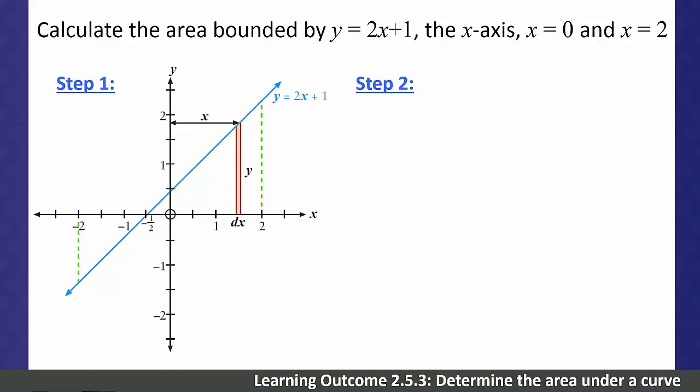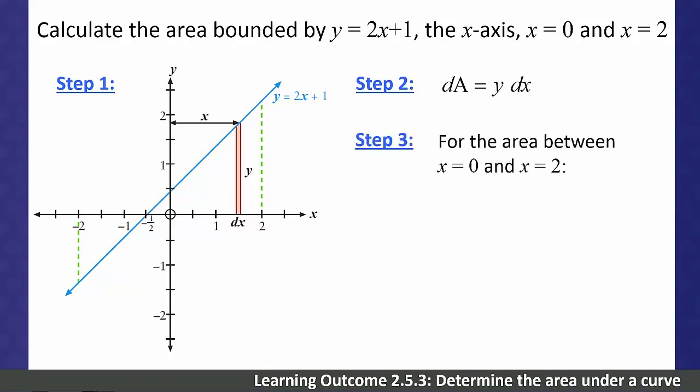We know the area of a rectangle is length times breadth, so the area of our narrow rectangle here is y dx. Thirdly, to find the area between x equals 0 and x equals 2, we take the integral on both sides from 0 to 2. We know the integral of dA is A. Therefore, the area is the integral from the lower limit 0 to the upper limit 2 for y in terms of x.